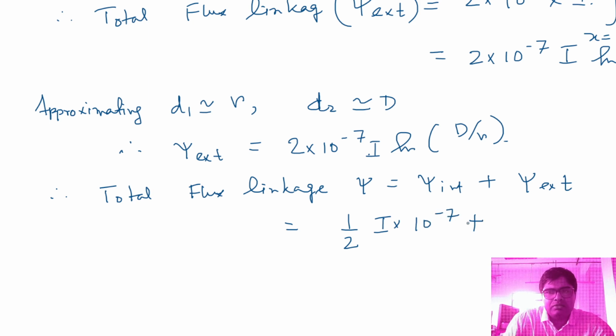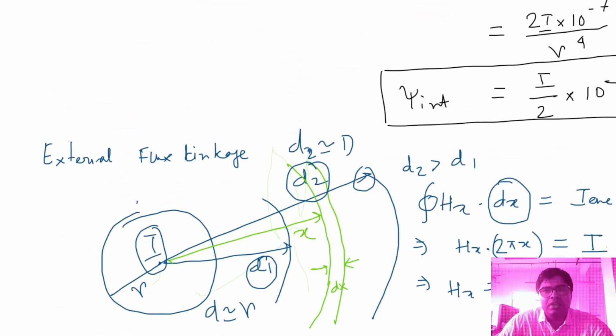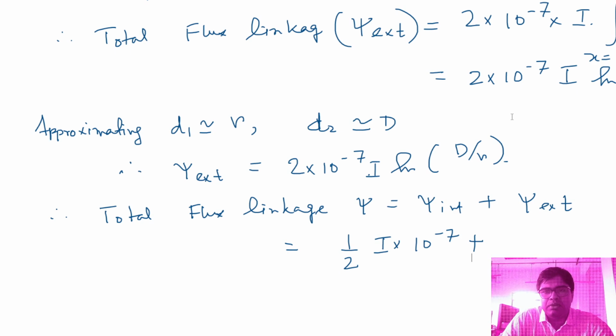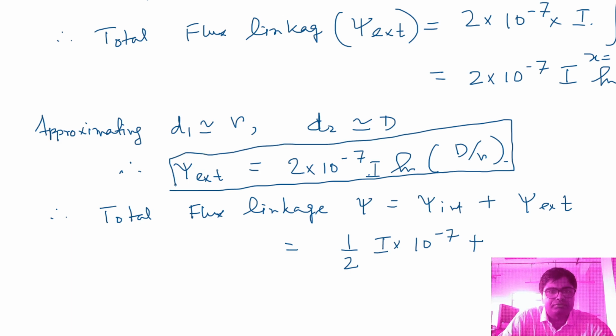Internal flux linkage is I by 2 into 10 to the power minus 7 Weber turn per meter, and external flux linkage is 2 into 10 to the power minus 7 I ln d by r.